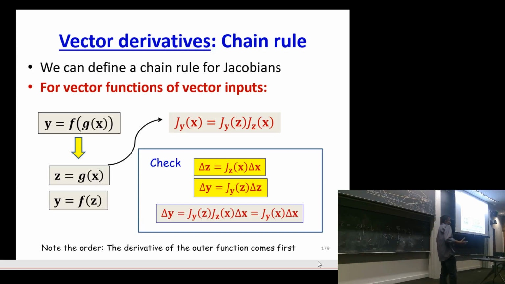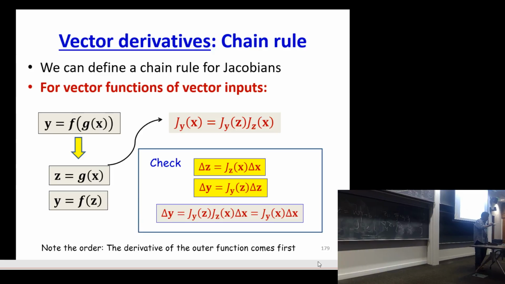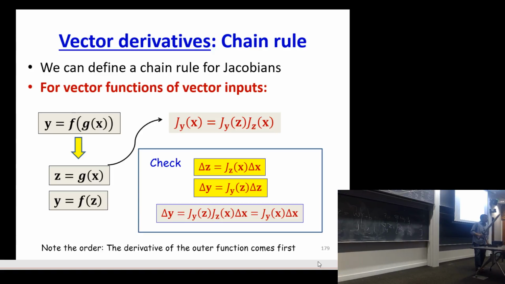Now, even if it's a scalar function of a vector input, the same rule holds. If the output b over here is a scalar, all that happened was that this first Jacobian is not really a Jacobian anymore because the output is a scalar. It's going to be a gradient, right? And a row vector times a matrix is going to give you a row vector again. Now observe that the dimensions hold.